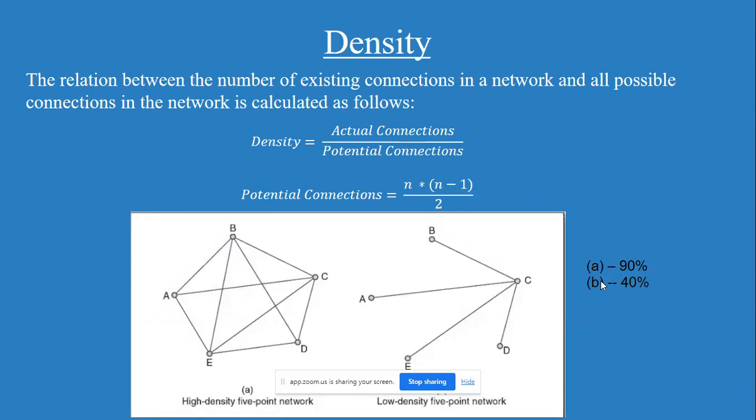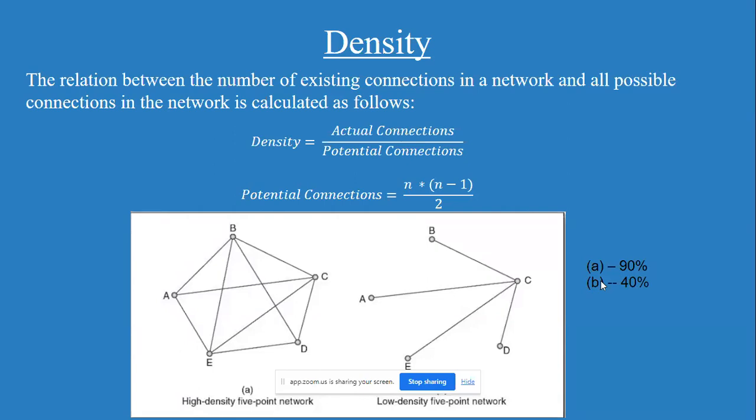From the figure, there are 5 nodes in the network, so the total number of connections possible among them will be 5 into (5 minus 1), which is 4, divided by 2, which equals 10.